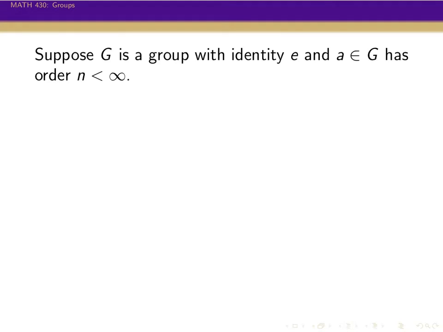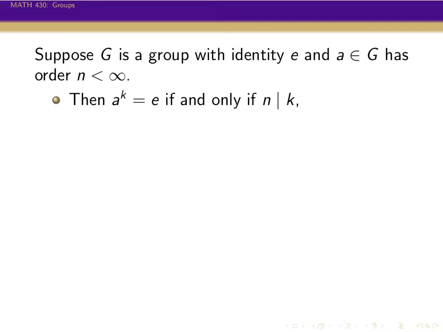We're going to start by reviewing some things that we proved in the last video about cyclic groups. Recall, if G is a group, e is our identity, and a is something in the group that has order less than infinity, then a applied to itself k times is equal to the identity if and only if n divides k.